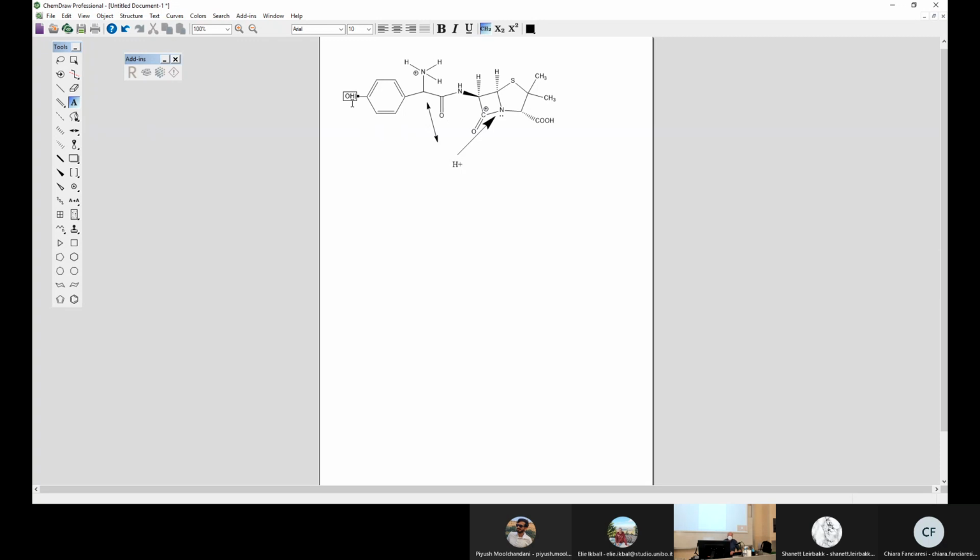The problem of the aminopenicillins is not related to their stability, because they are stable in acidic condition and physiological pH.